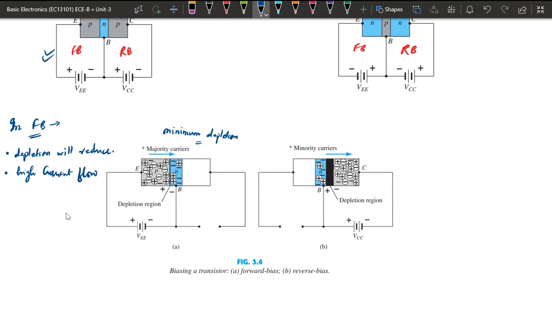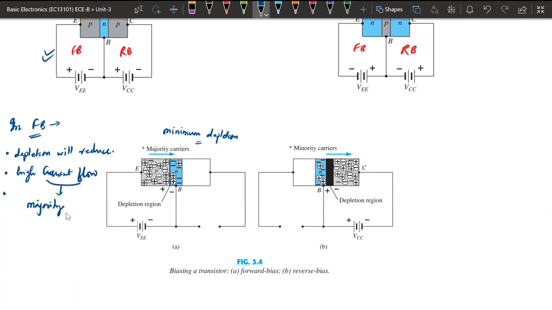Okay. So if depletion is less, in case the diode is forward bias, the current will be high. And once this current is high, this current flow will be because of the majority charge carriers. So in forward bias region, majority charge carriers constitute the current flow.